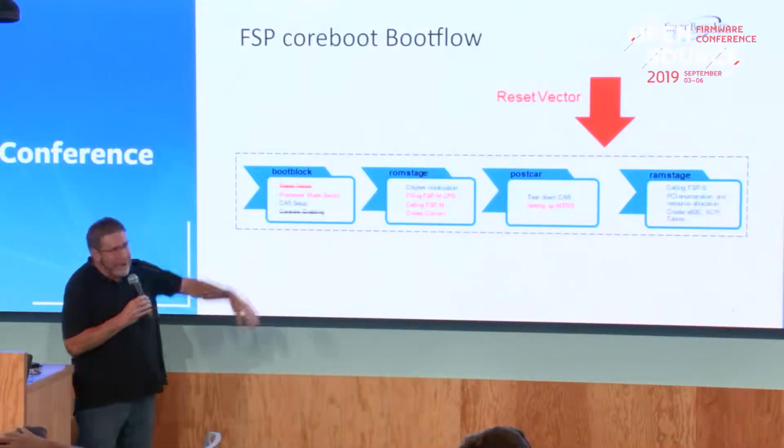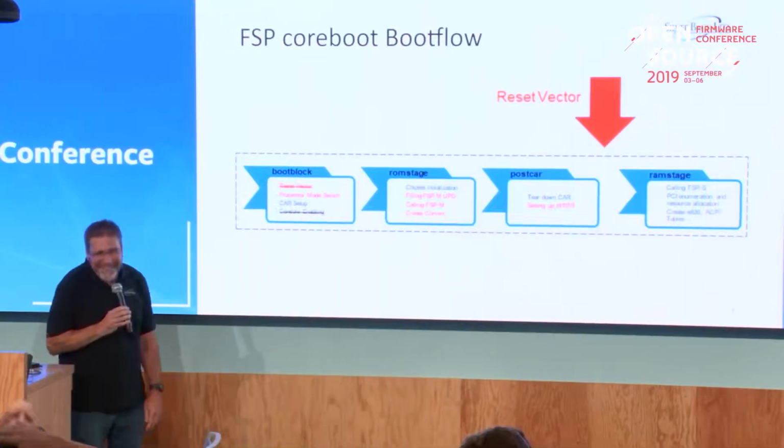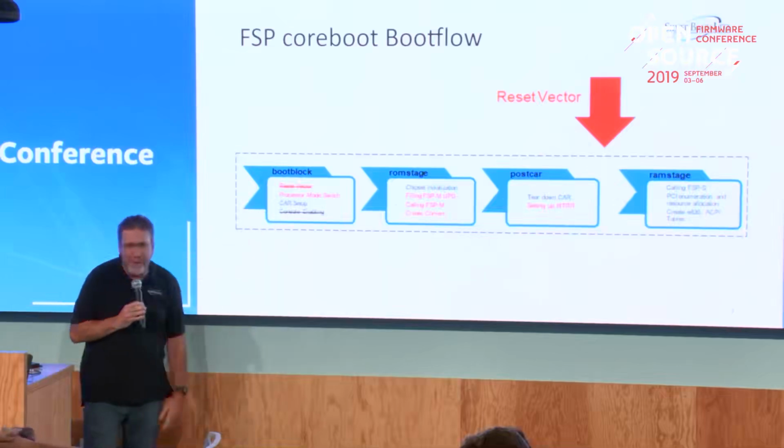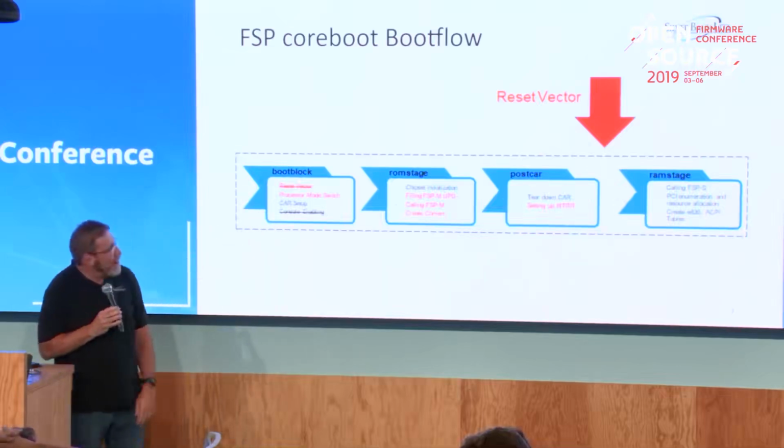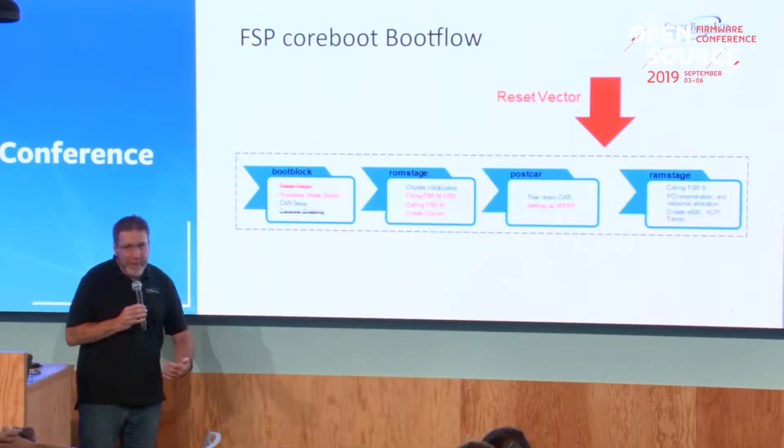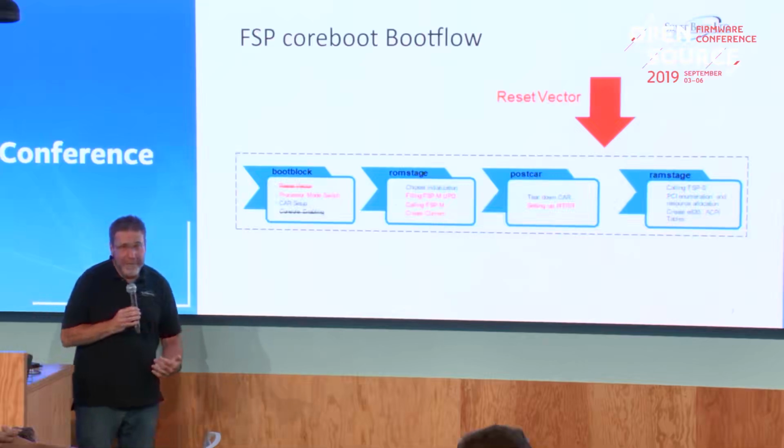So we actually run boot block as an ELF so that we can accomplish this mode switch and the jump and some other weird things. There's not a whole lot in boot block, but there's stuff that you have to do. And after listening this morning to what we want to do with vboot, this model doesn't work a lot.